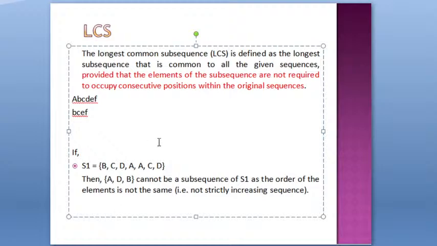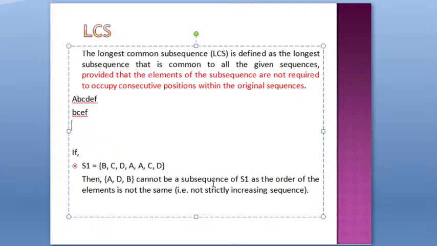Now next I have an example: S1 is equal to B, C, D, A, C, D. Suppose you have a string that contains the letters B, C, D, A, C, D. Now I am taking one subsequence, which is A, D, B. Here, if I take the subsequence as A, D, B, then it cannot be a subsequence of S1.